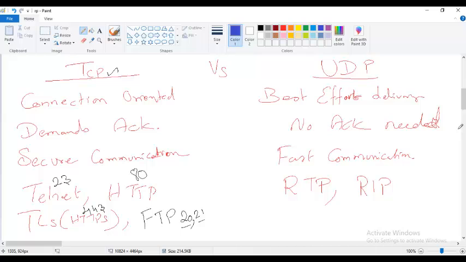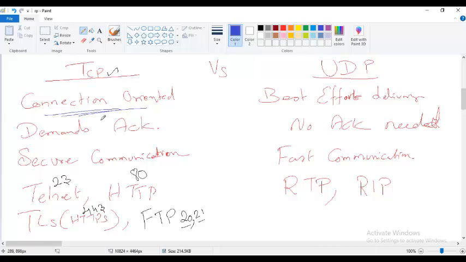When I'm talking, if he's not responding every now and then saying, yeah, okay, is it, I keep calling, hello, do you hear me? I keep checking that the person is still available on the other side. Same way, TCP will also check whether the other side is available or not. We call it connection-oriented.